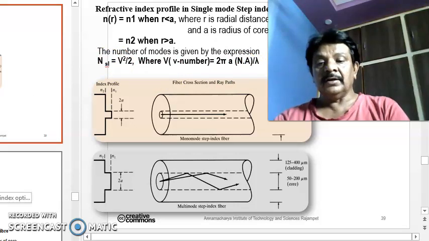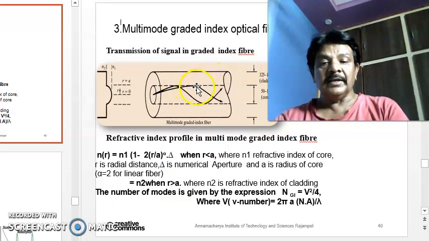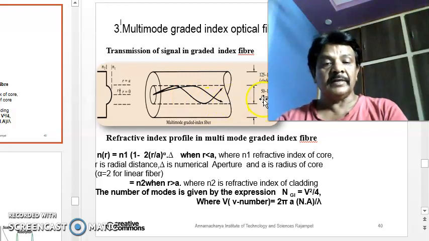The third one is the multi-mode graded index optical fiber. The transmission of signal in a graded index optical fiber varies in a gradual manner, so the propagation is also like this. The core diameter is 50 to 100 micrometers, and the cladding is 125 to 400 micrometers.